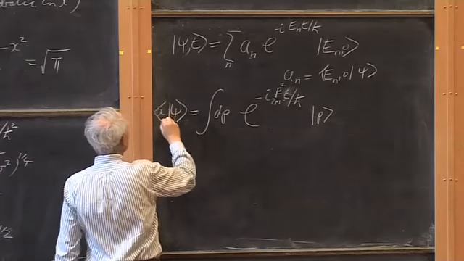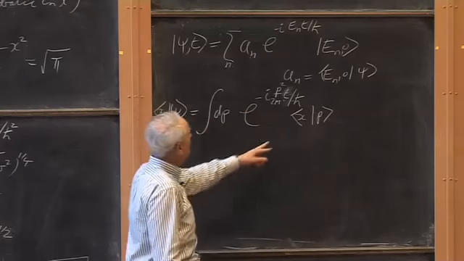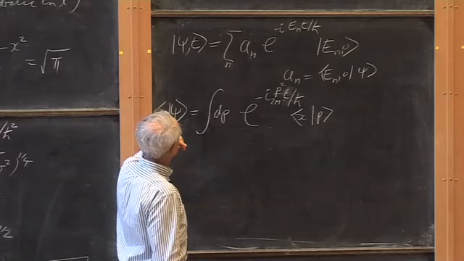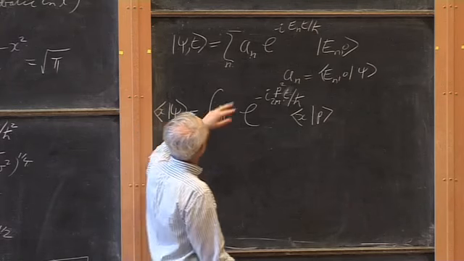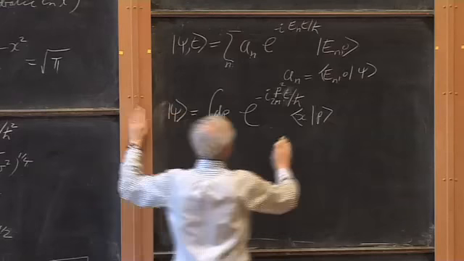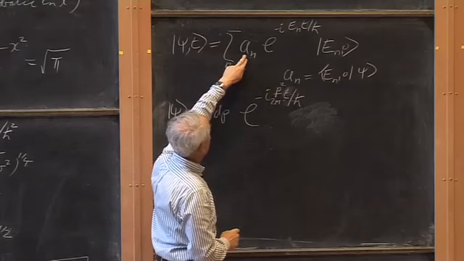We wanted to know what this looked like in real space, so let's bra through with x. Sorry, I'm missing something altogether. I missed out the a_n's, didn't I? What are the a_n's?